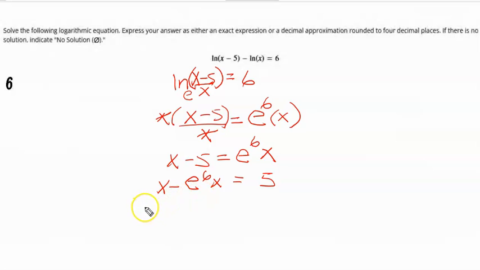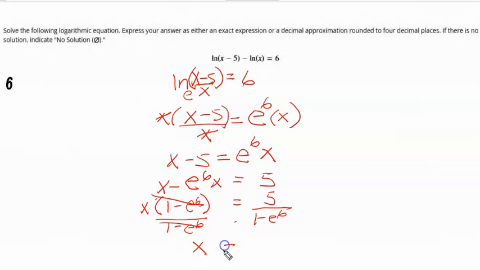So here we're going to factor out an x, and this is 1 then, minus e to the 6th equals 5. So we're going to divide both sides by 1 minus e to the 6th. Here, and then this side, 1 minus e to the 6th. Here, this just becomes x.